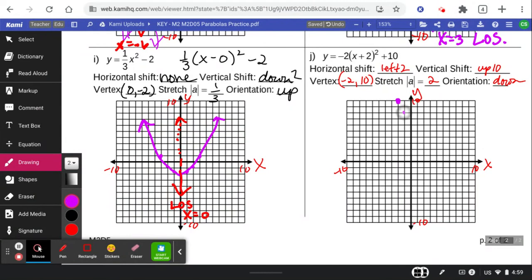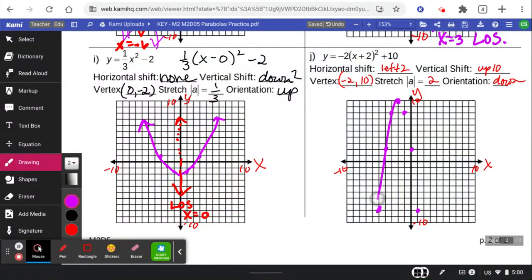Out 1, down 2 times the normal 1. Out 2, down 4 as usual. I'm going to go down 8. Out 3 is usually down 9. So I got to go down 16. No, 18. Hey, it fits. Check that out.